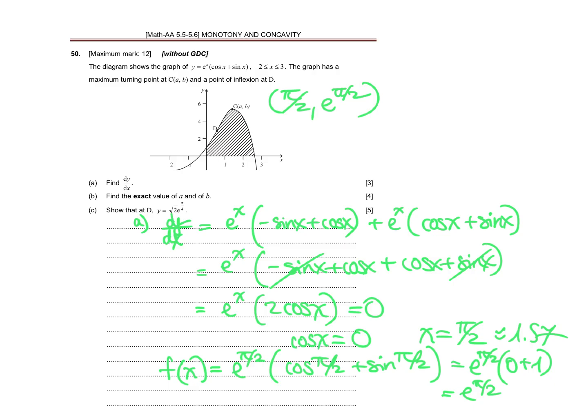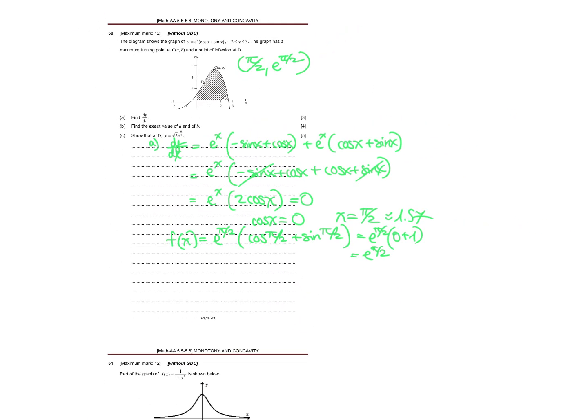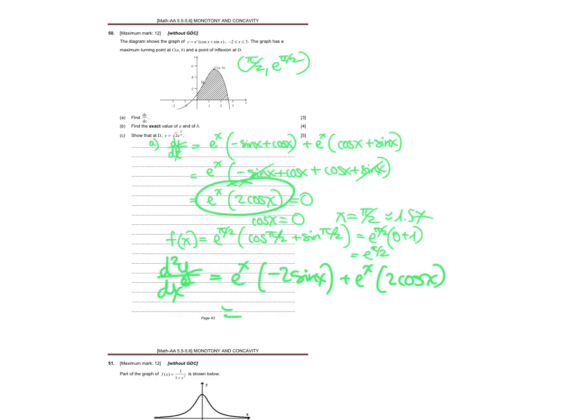Okay, so we need the second derivative. So of this, that's the first derivative. So we have first times the derivative of the second plus the derivative of the first times the second. So we can pull out a 2e to the x, and that's going to be negative sine x plus cosine x.